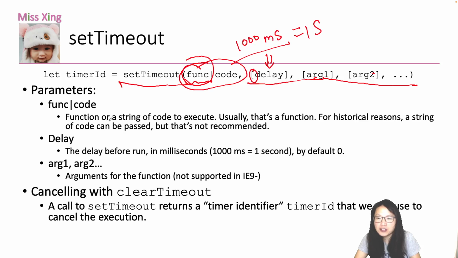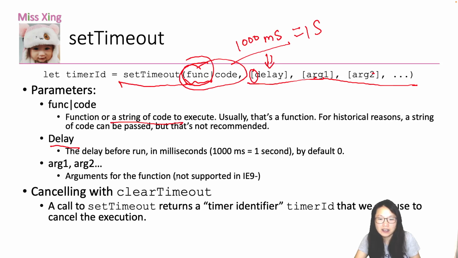So here, a function or a string of code to be executed. Usually that's a function. I barely use a string of code to execute, and it's not recommended. And the second one, as I explained, is the delay time in milliseconds, and then the arguments for the function.